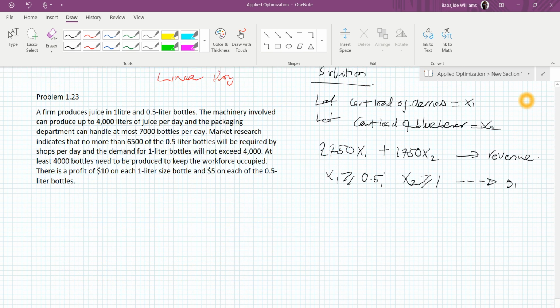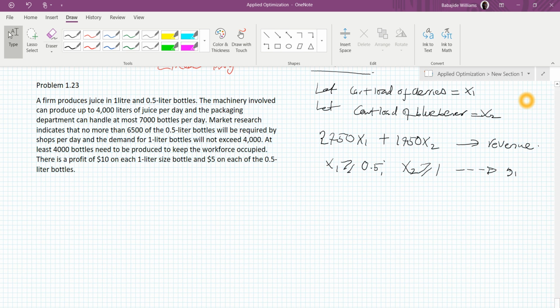Okay, so then if 3 persons can pick 2 x1s, 2 cartloads of cherry in a day.